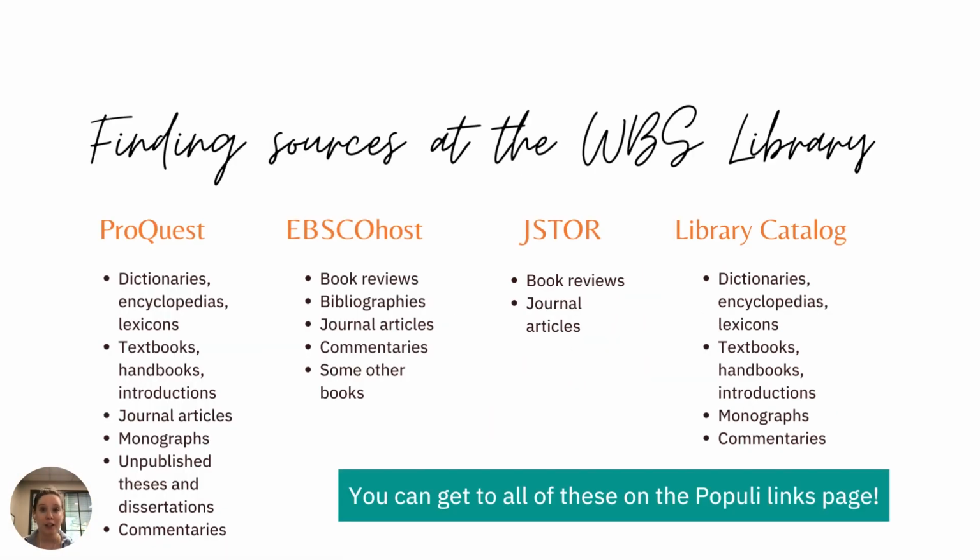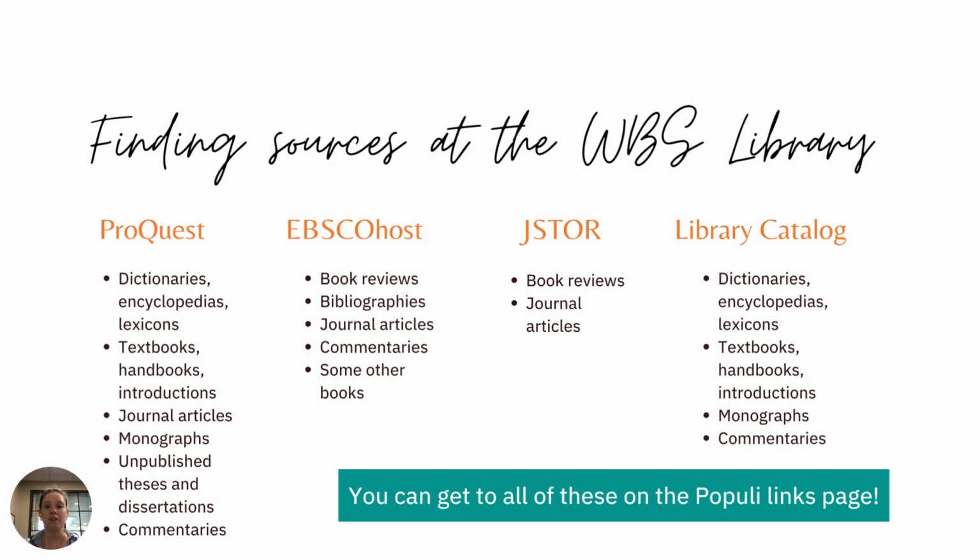So, where do you find these in the WBS library? I have these organized by the little portal that you'll use. So, background research. If you're looking for dictionaries, encyclopedias, or lexicons, textbooks, handbooks, or introductions, all of that is really good in ProQuest. ProQuest has a lot of full text ebooks, and so you'll find all of these things in ProQuest.